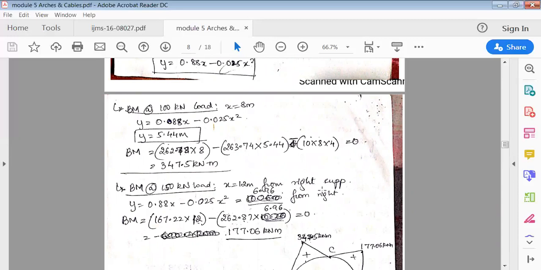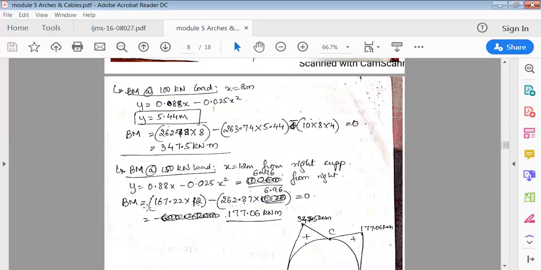From the right support it is 12 meter. So y is 6.96 meter. So VB into perpendicular distance 12, then minus HB into its perpendicular distance, that is y, 6.96, is equal to 0. So calculate the bending moments.